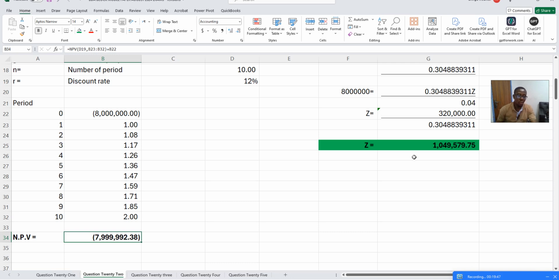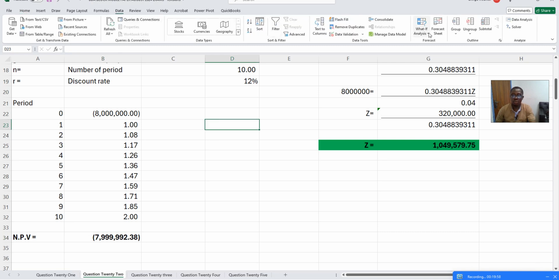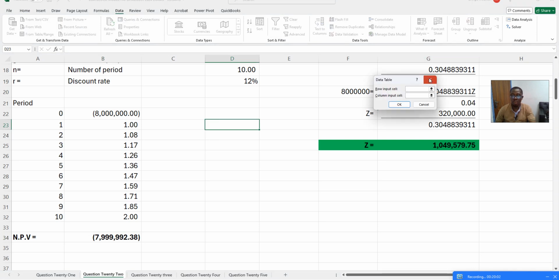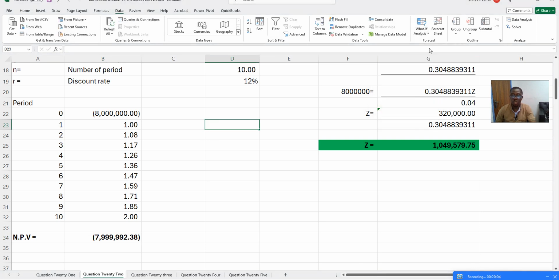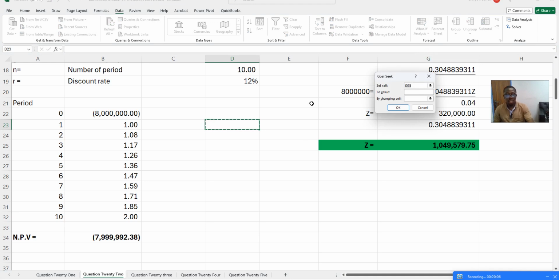So we use what? The concept that Mwalimu guided us. Remember the goal seek concept. So you come to your data, we go to What-If analysis, we insert data table, not data table, but goal seek. You come to your goal seek. So for goal seek, I want to set my NPV to be 0.